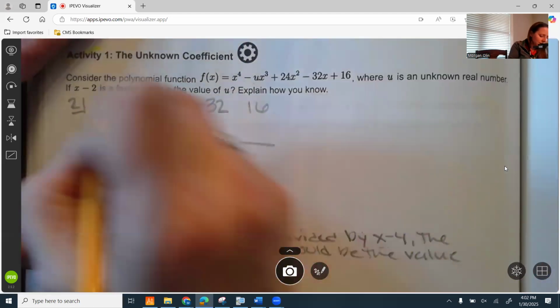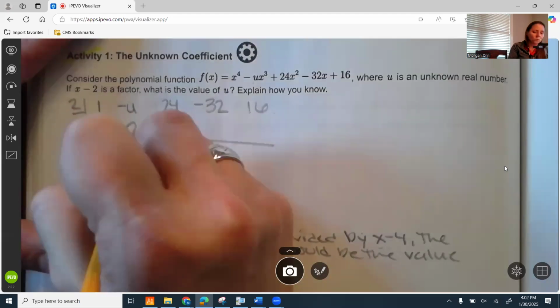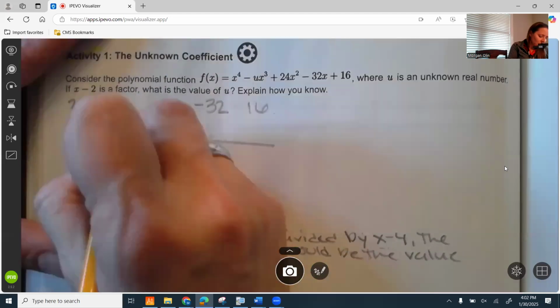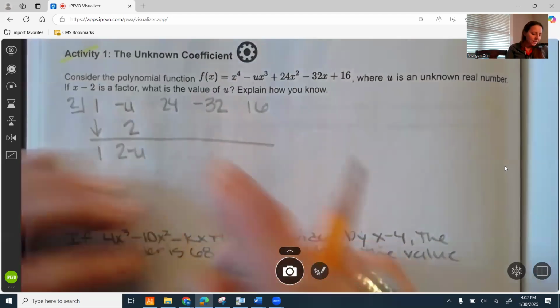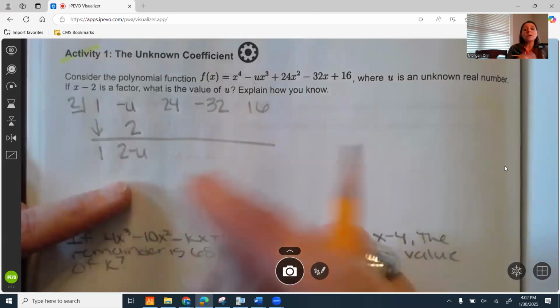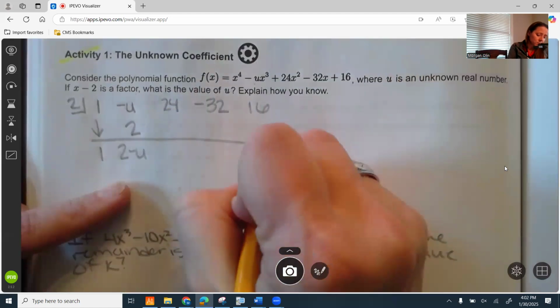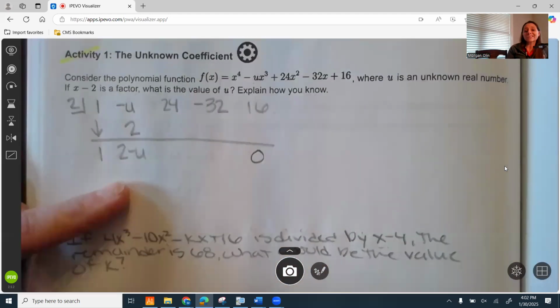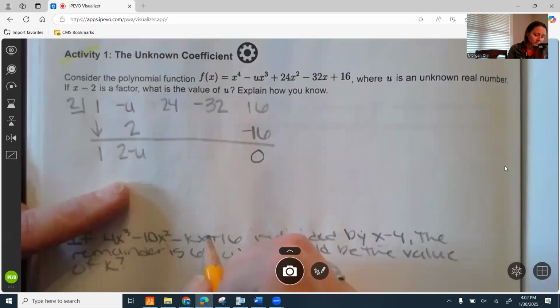We would bring down our 1, and then 2 times 1 is 2. The problem is that when I add this, that's 2 minus u. That poses a problem, but we can still use synthetic division because if we know it's a factor, this is supposed to be 0. We can actually work backwards, and what's going to give us 0 is negative 16.